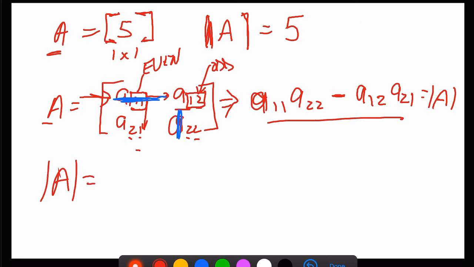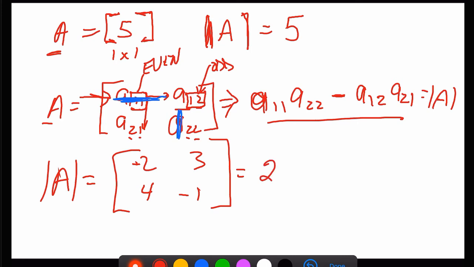Determinant of A, if A is 2, 3, 4, minus 1, equals, take the 2, eliminate the row and the column, and multiply it times minus 1. Then take the 3, put a minus sign in and a 3, because it's 1, 2.